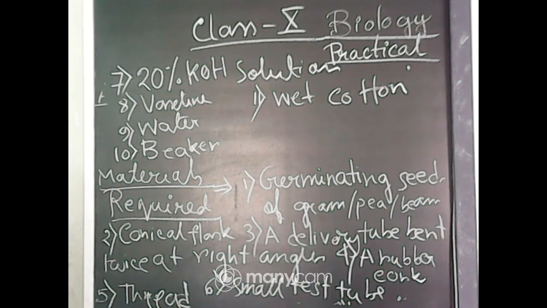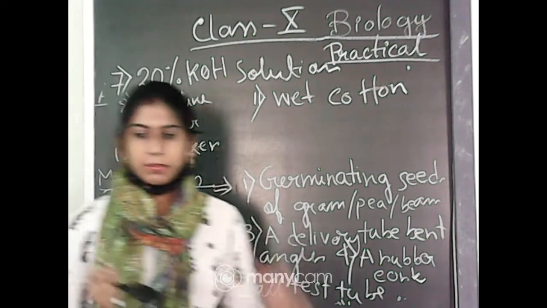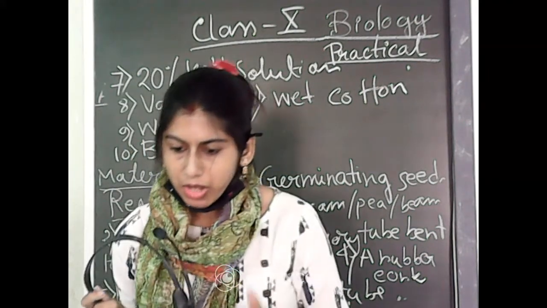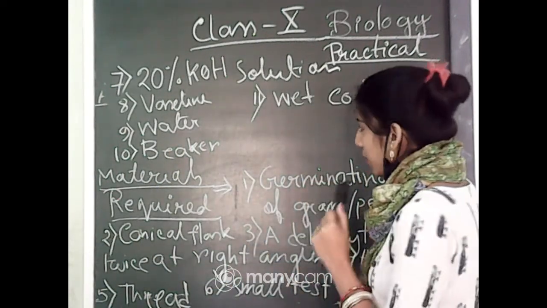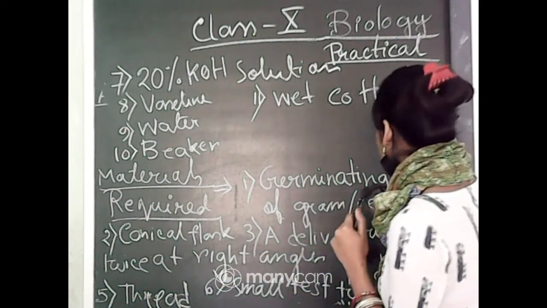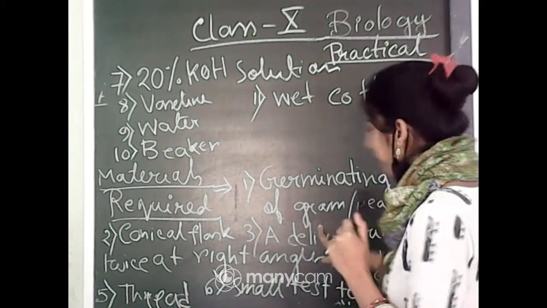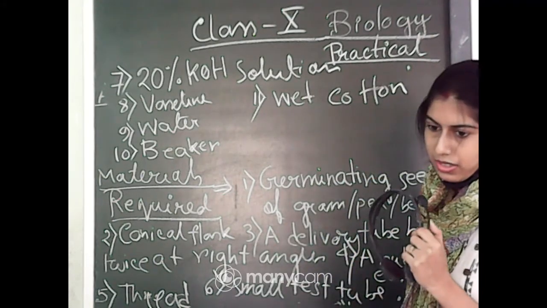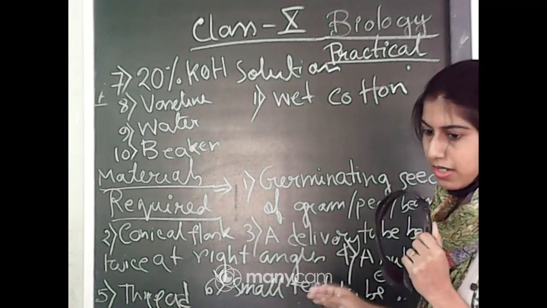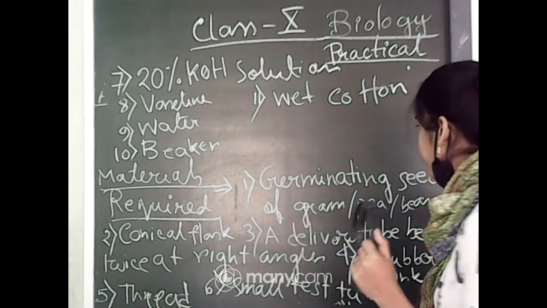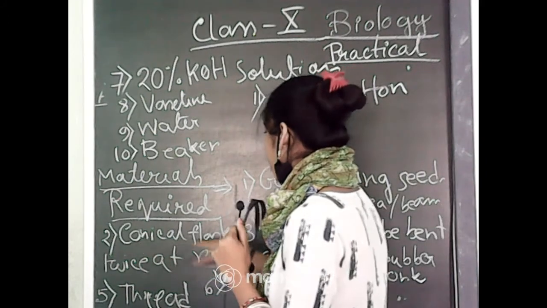You can see that I have written all the materials which are required for this particular practical. Let me tell you one by one. First is germinating seeds of gram or pea or bean. You can take any one. Second is a conical flask.